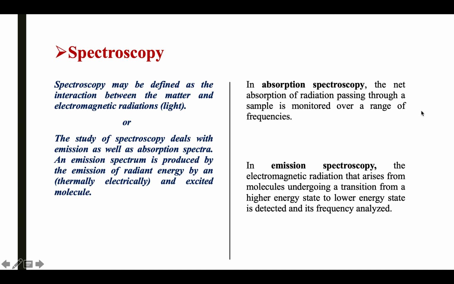It will always go from a higher energy state to a lower energy state. Due to this transition, we get different frequencies. If you analyze that frequency, we call it emission spectroscopy.